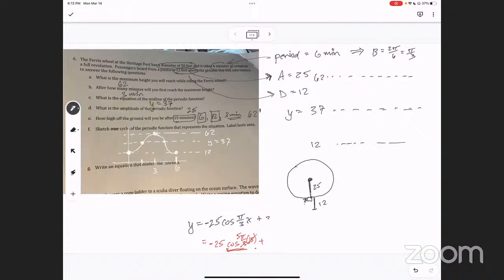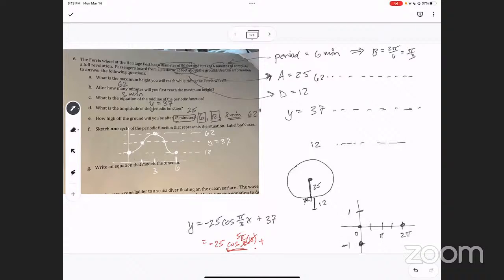Why? Because your cosine graph normally goes from +1 to -1. It will go like this. There's 2 pi, there's pi, and there's 0. Your graph goes up as high as 1 and down as low as -1.